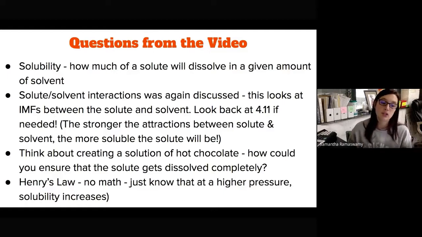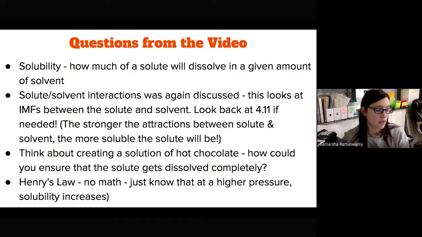When it comes to thinking about creating solutions, let's think about creating hot chocolate. So you guys are sitting at home, still kind of cold out, and you want to make hot chocolate, right? Think about how you could ensure that the solute gets dissolved completely.